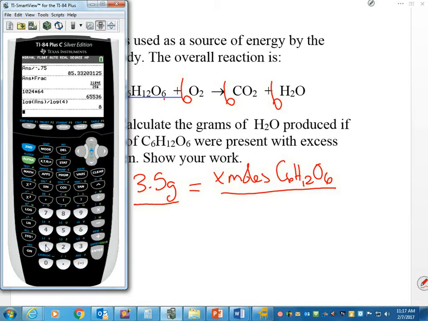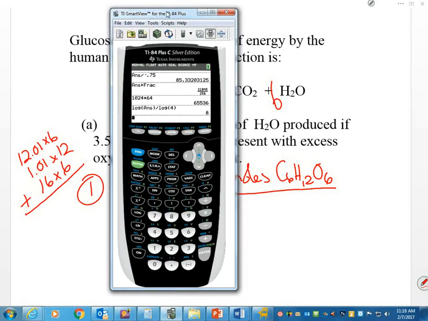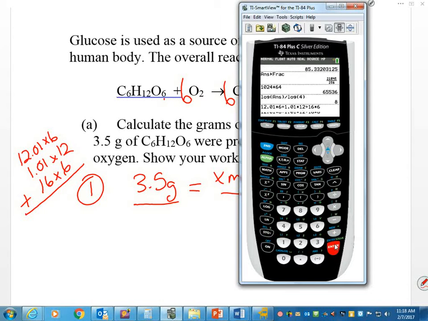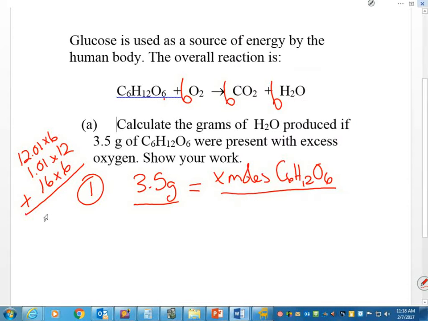So 12.01 times 6, plus 1.01 times 12, plus 16 times 6. When I do this, I get 180.18.